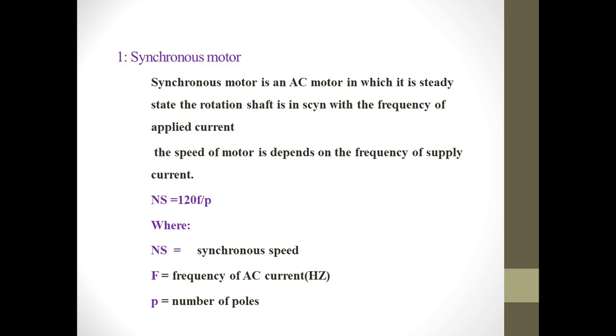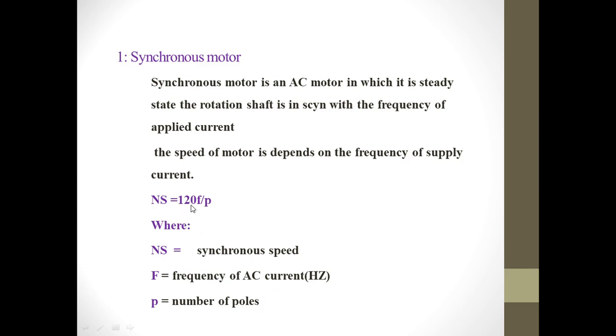So N synchronous, or NS, is equal to 120 multiplied by F divided by P, where NS is the synchronous speed, F is the frequency of the AC current in Hertz, and P is the number of poles.